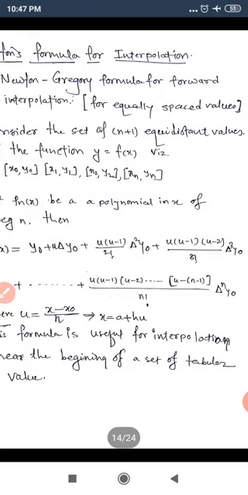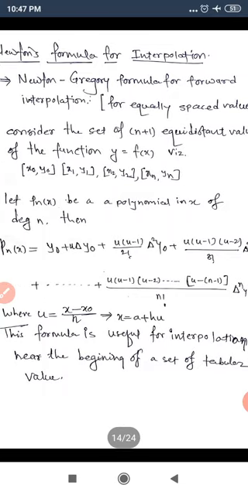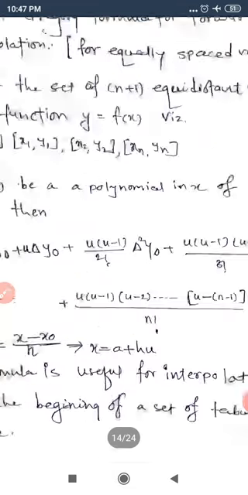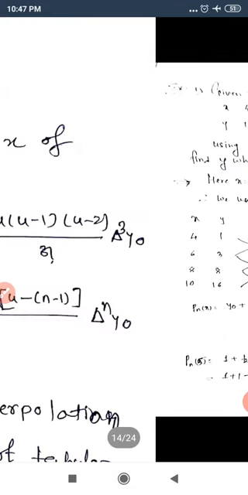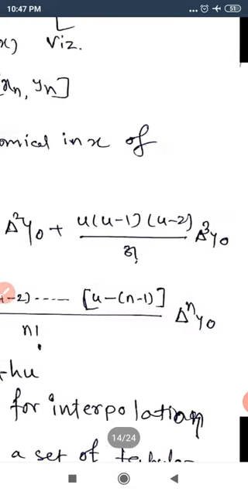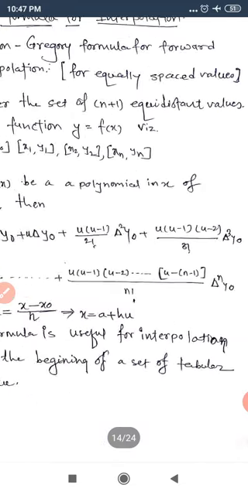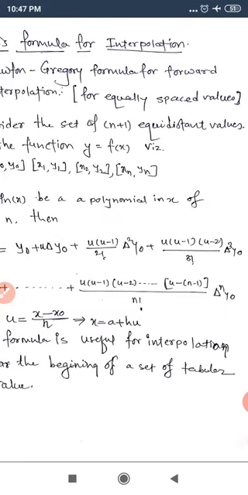This is a very important formula to construct the polynomial fx: y0 plus u into delta of y0 plus u into (u minus 1) upon 2 factorial del square of y0 plus u into (u minus 1) into (u minus 2) upon 3 factorial del cube of y0 plus, and so on, u into (u minus 1) into (u minus 2) up to (u minus n plus 1) upon n factorial del raised to n of y0.